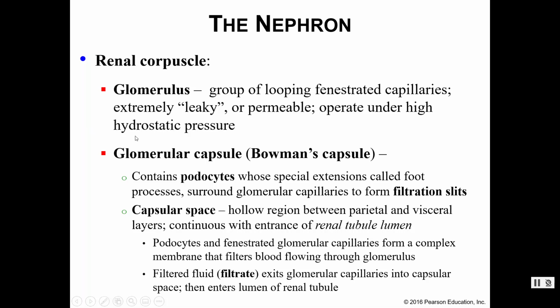Okay, we've got high hydrostatic pressure at the glomeruli, which is just plural for glomerulus. What is hydrostatic pressure? It's the pressure that forces fluids and solutes out of the capillaries.